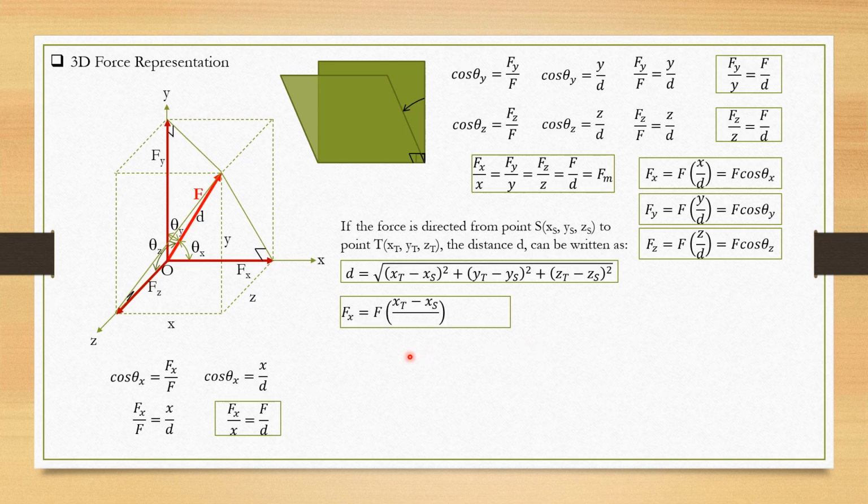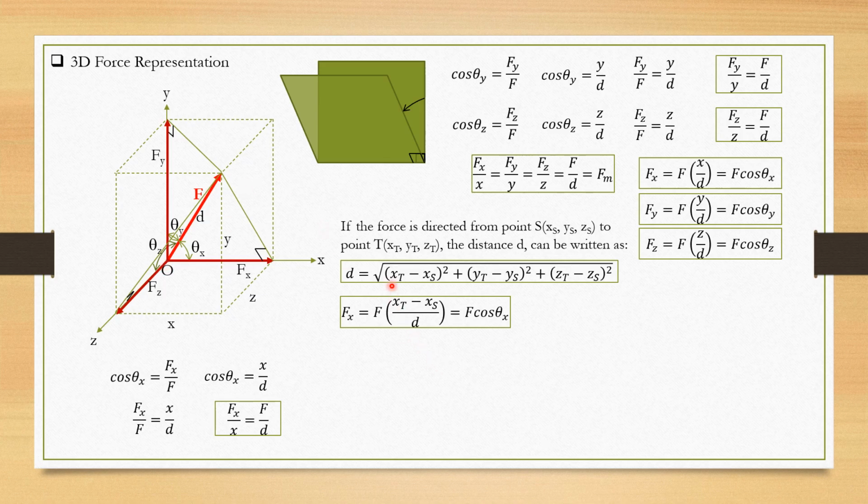So Fx is F times xt minus xs. We simply replace the x distance by this xt minus xs over d, where d is now changed by this formula. So it is still F cosine of theta x, even if the force is not directed from the origin to another point.